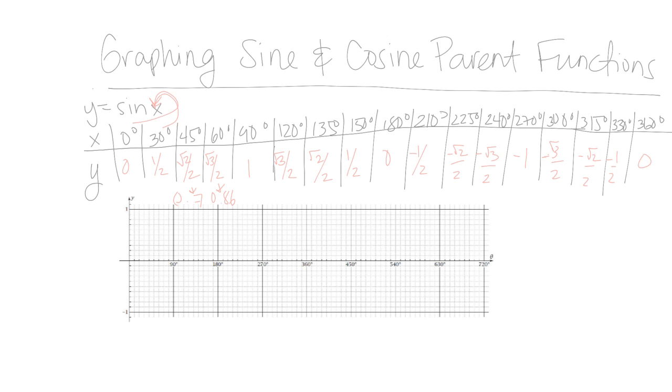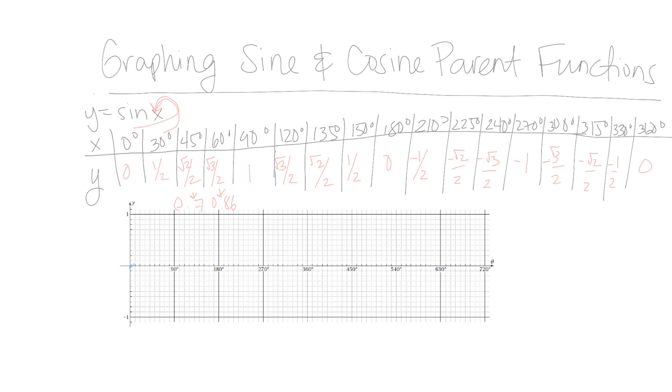Okay, so I'm going to now plot the points the best that I can on this coordinate plane. So I have the point 0, 0. Notice my x is theta, it's my degrees, it's my input, and my y is my output, what I get for the sine. So 0, 0 is a point. And then I have 30 degrees. Notice that the x-axis is going by 10 degrees at a time, so 30 degrees would be the third tick mark.